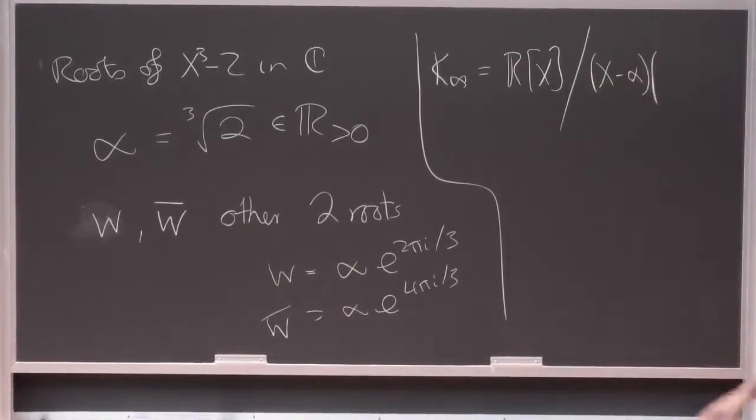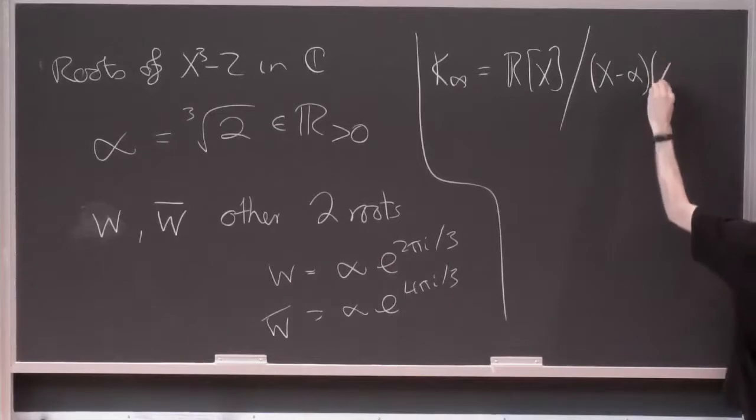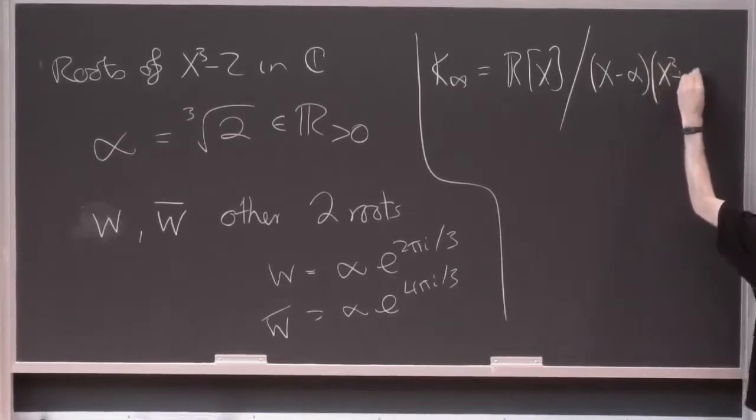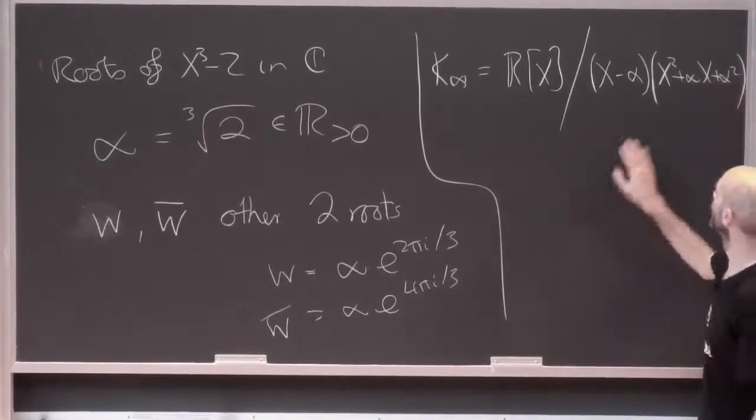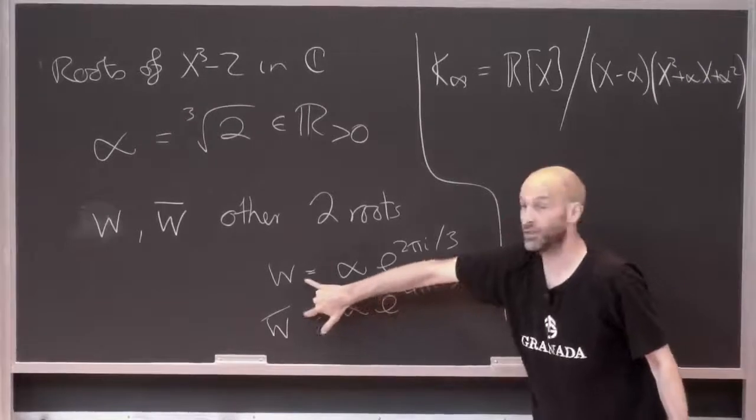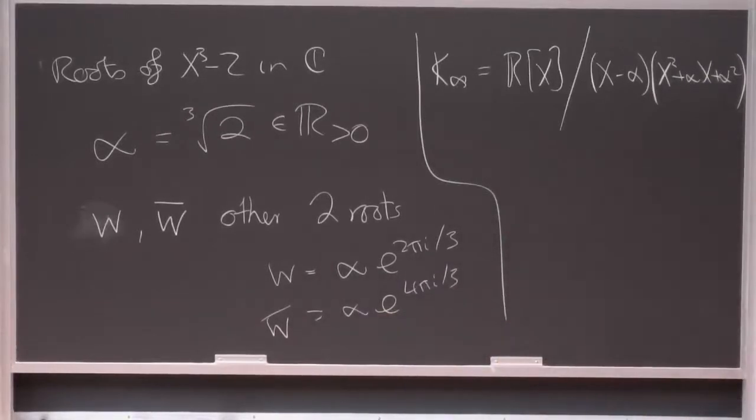I need to do x cubed minus 2 divided by x minus alpha, which is like x cubed minus alpha cubed over x minus alpha. So this is x squared plus alpha x plus alpha squared. And this must be the quadratic polynomial, irreducible over the reals, that has these 2 complex roots. So it's R of x modulo the product of 2 polynomials.